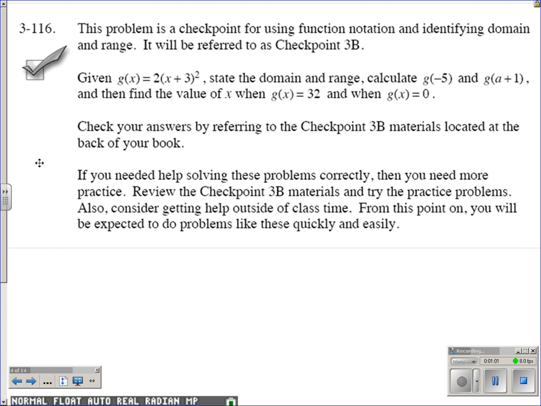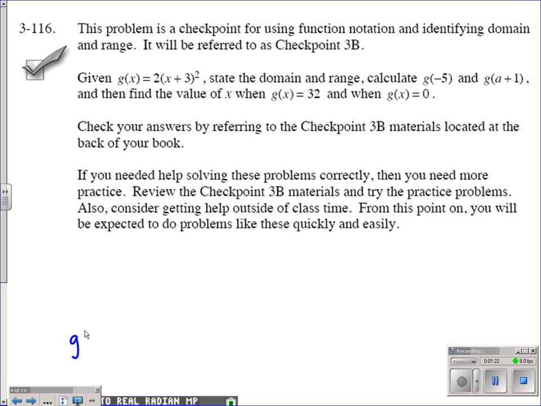Well, this one's asking for just a little bit, isn't it? So let's get started. First thing here, we're talking about the function g of x equals 2 times the quantity of x plus 3 squared. I'm going to go ahead and write that down here.